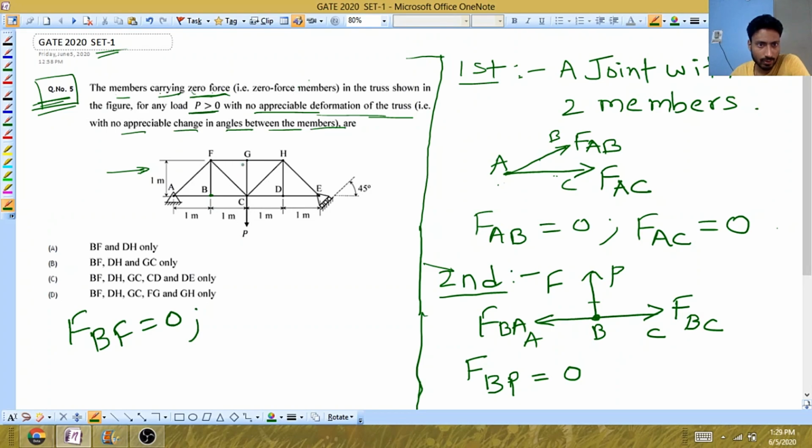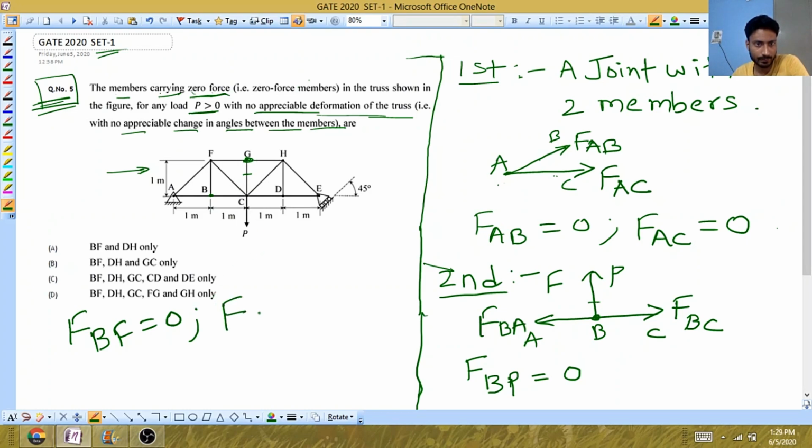Similarly, if you observe this joint G, there are three members FG, GH and GC. Members GF and GH are collinear, in the same line, but member GC is non-collinear, and this joint is free from any support or external load.